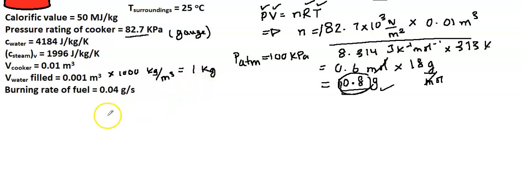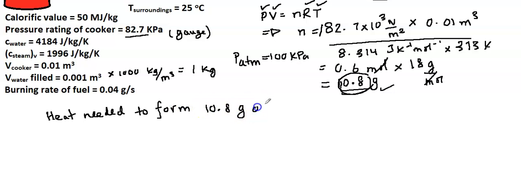To form 10.8 grams of steam, how much heat do I need? So I need to convert, let me just write that down. Heat needed to form, this video is getting long, form 10.8 grams of steam. So that is 10 point, so this was water originally, right?